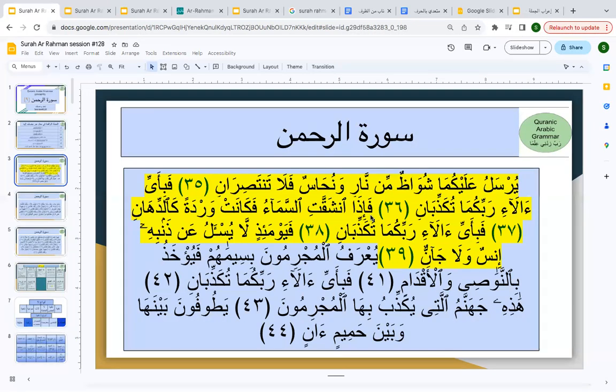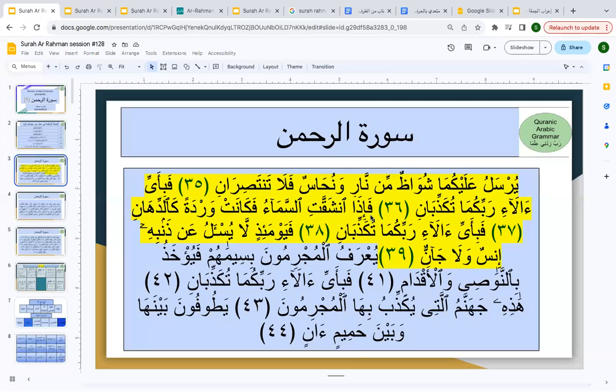Previously we were learning that both parties, both jinn and human beings, are going to be thrown those fumes of fire and smoke, and then they will not be able to help themselves. And then comes the jumla i'tiradiya that has been repeated 31 times. فَبِأَيِّ آلَاءِ رَبِّكُمَا تُكَذِّبَانِ. And then comes another topic where we are learning about the sky.